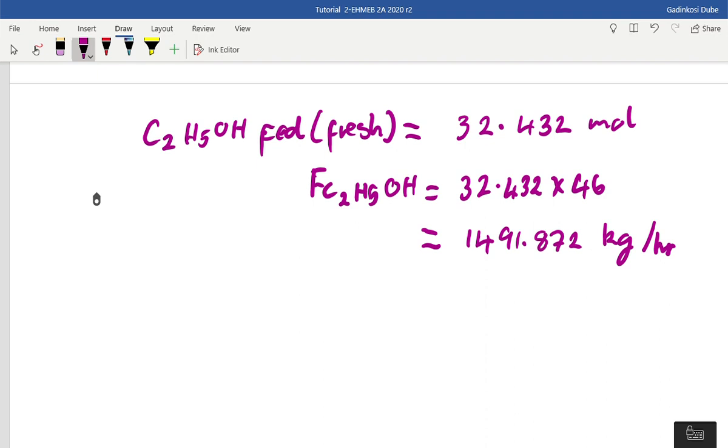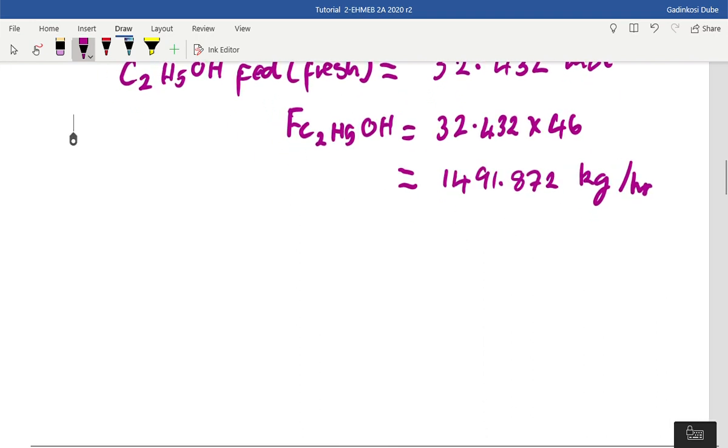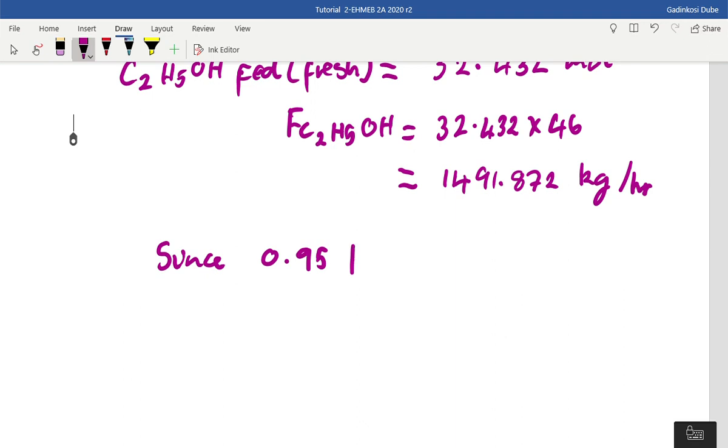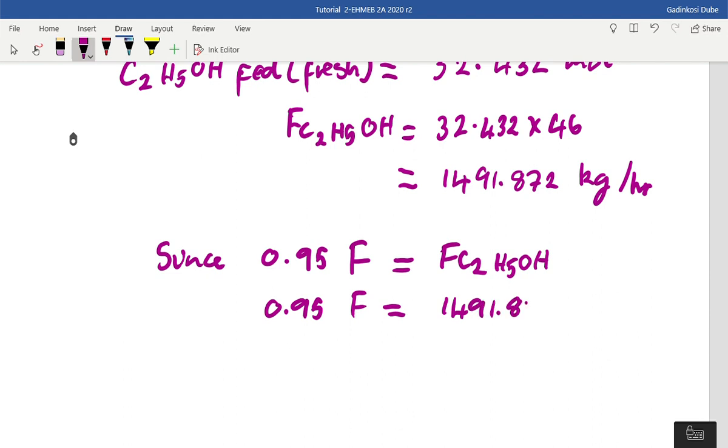Now in order to get the total fresh feed stream, since we know that 95% of the fresh feed is ethanol, C2H5OH, it means that 95% of the fresh feed is equivalent to 1491.872. You just use the correlation.